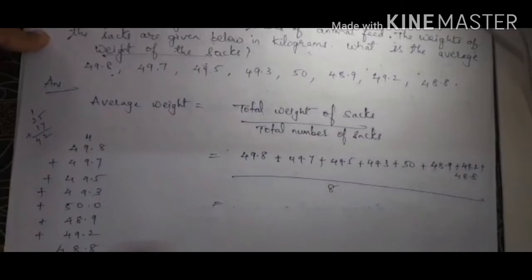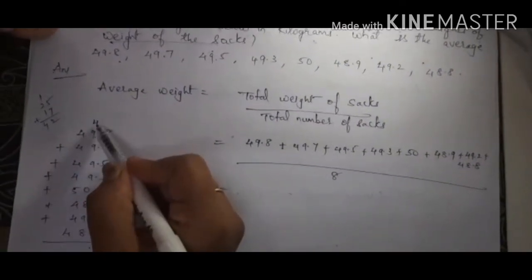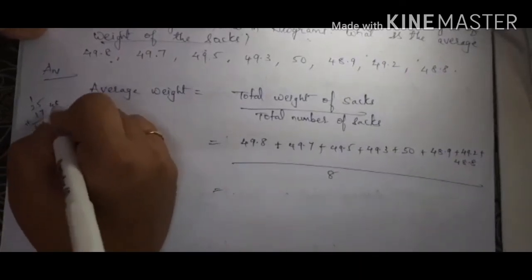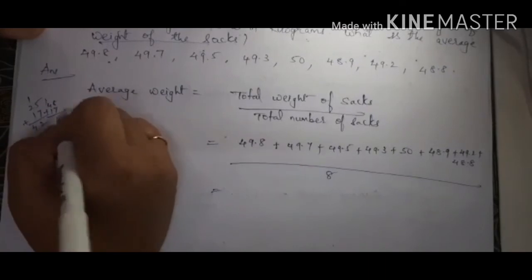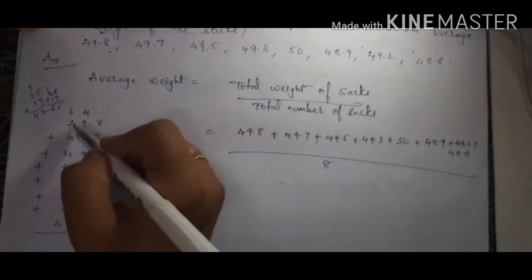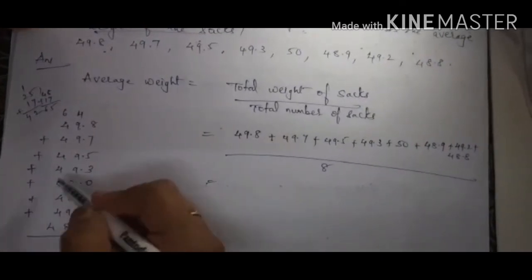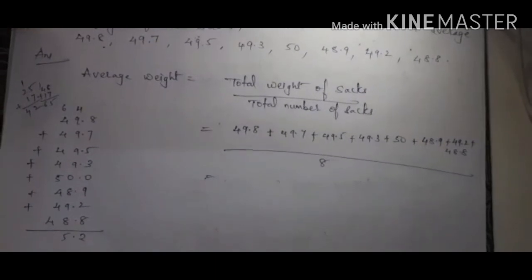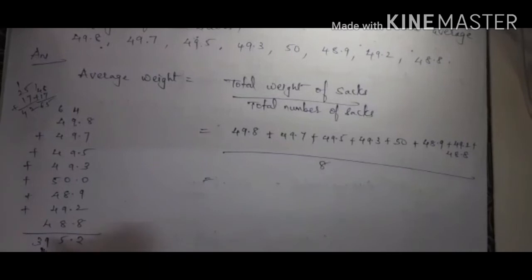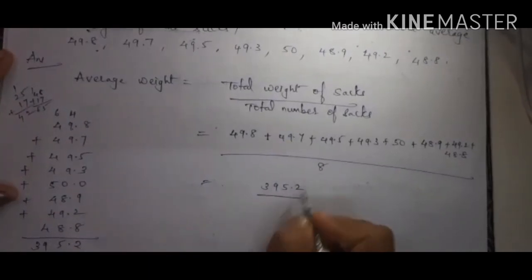So 4 carry 2. Point. 9 and 4 is 36, 40, 48, 48 and 17, 65, 6. 5, 6 and 4 10, 14, 18, 19, 20 up to 39. So we got 395.2.